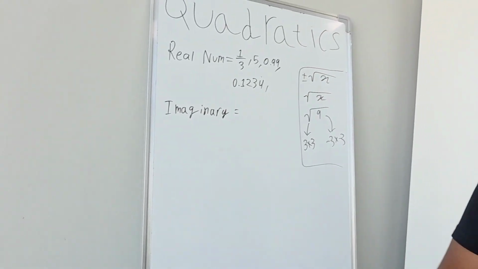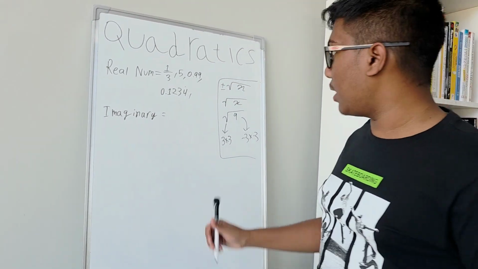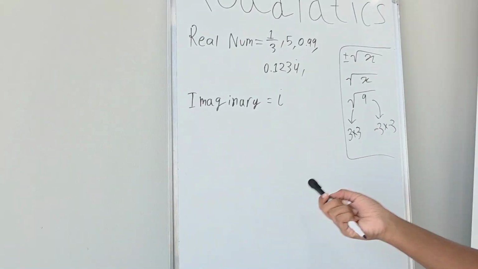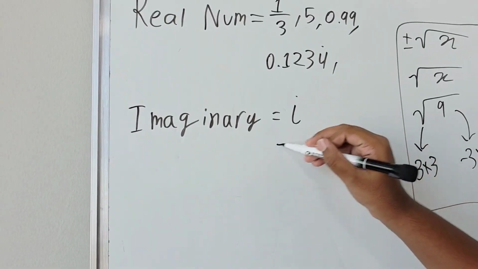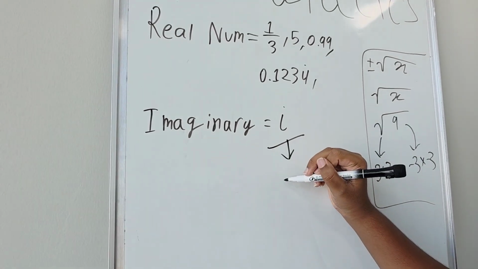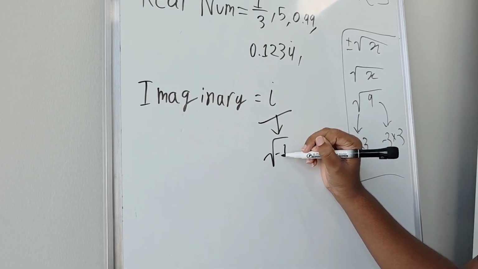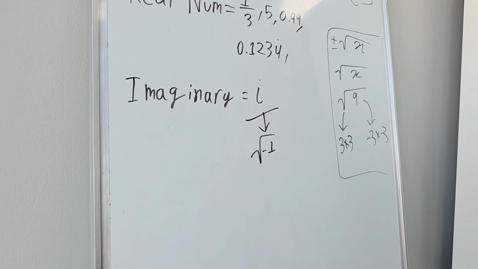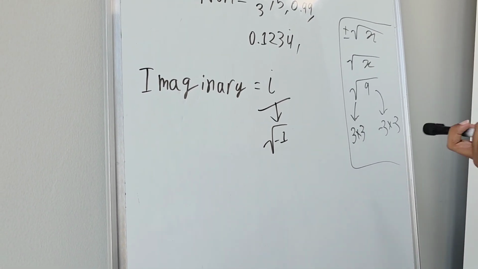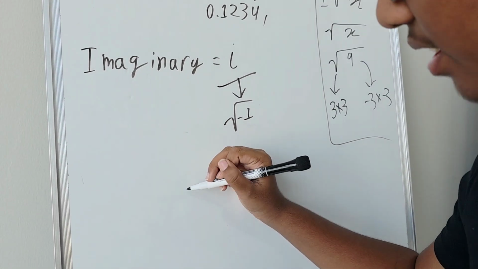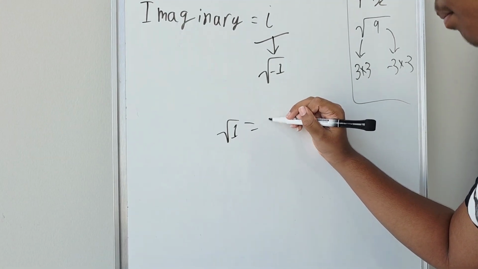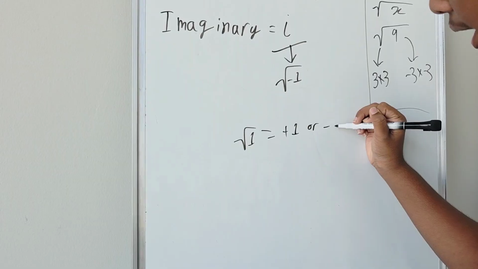Now, imaginary numbers have to do with a symbol called I. Specifically I for imaginary. Now, I is just equal to the square root of minus 1. Because there is no square root of minus 1. Because, look, we can take the square root of 1 as equal to plus 1 or minus 1.